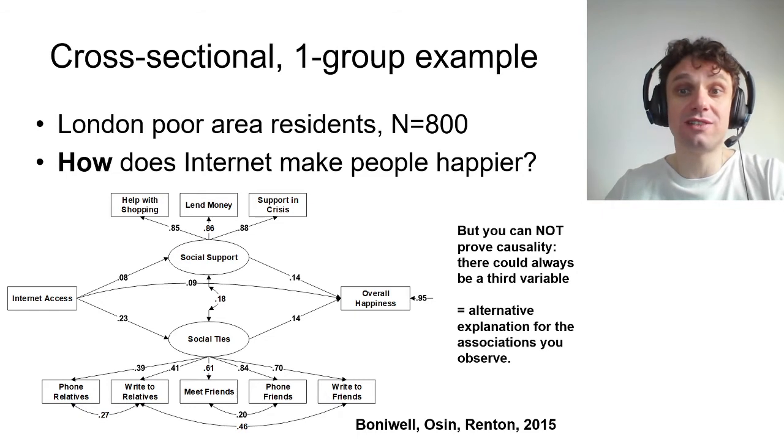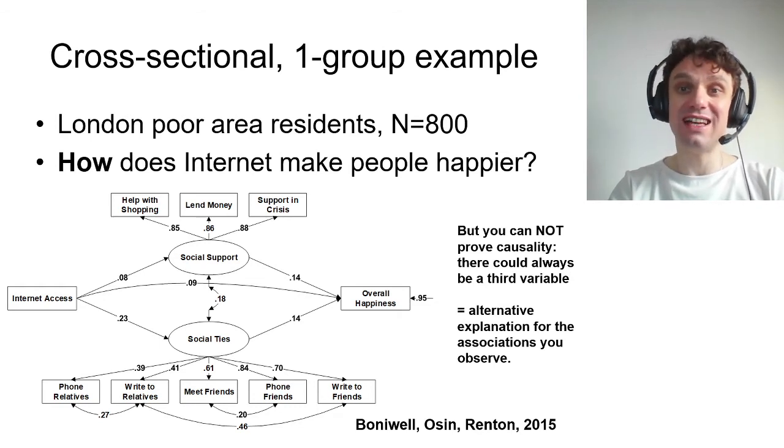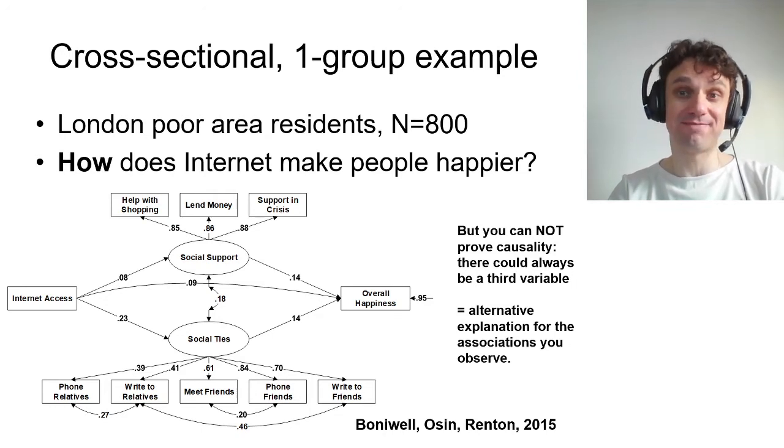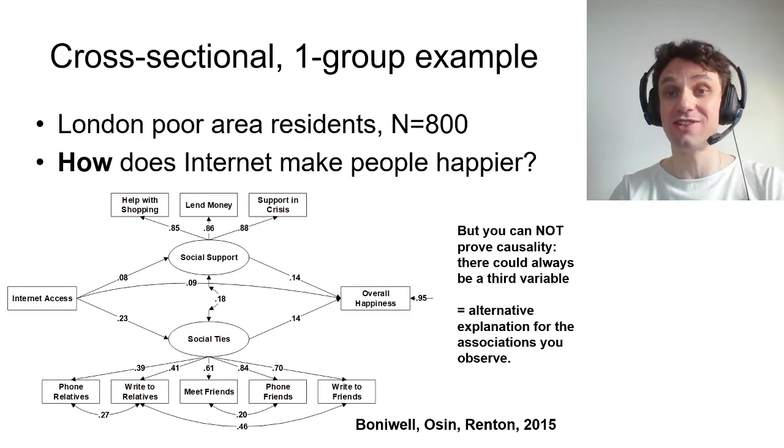Maybe the other models are more correct, but we don't have the data, we don't have an idea of those models. That's why cross-sectional correlational data is considered the weakest type of evidence that we can get. There is no guarantee that these associations are not spurious. That's why reviewers don't like cross-sectional correlational data.